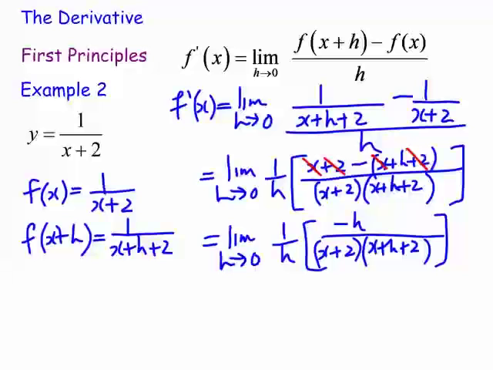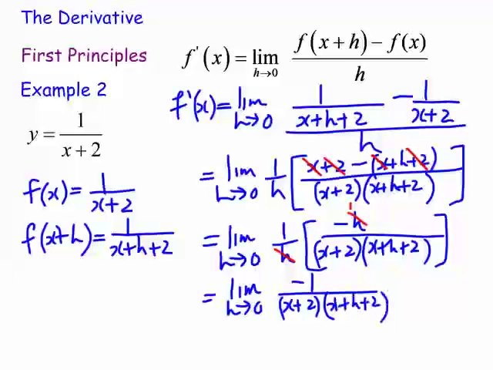Let's cancel these. This h will cancel with that one, leaving us with minus 1 on the top. So in this case, we end up with the limit as h goes to 0 of negative 1 over x plus 2 times x plus h plus 2. Now we substitute h as 0, because we're taking the limit as h goes to 0, and there's only one h there.